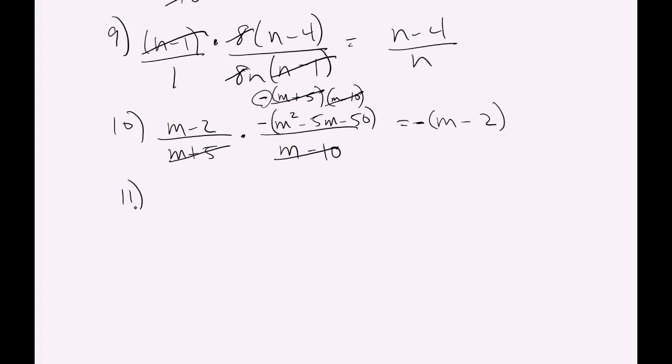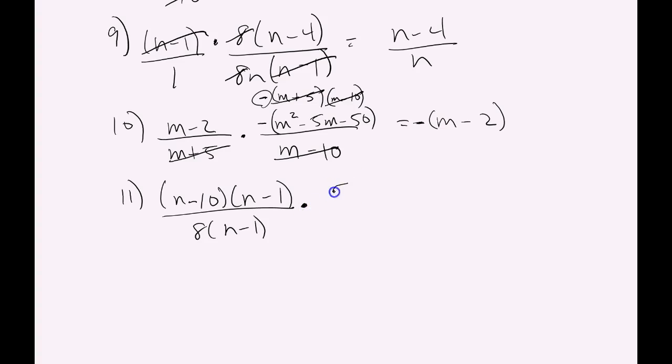Alright, number 11. I'm going to factor this as I go. It looks like it's an n minus 10 times n minus 1. That should work. On the bottom, I'm going to take an 8 out. Okay, this is a division, so I need to multiply by the reciprocal.